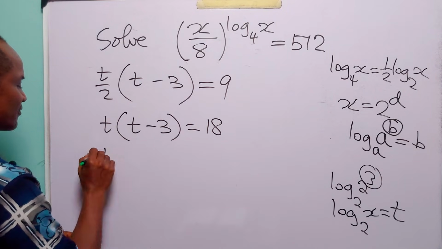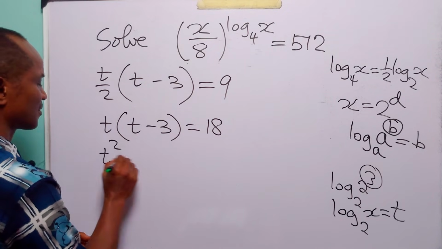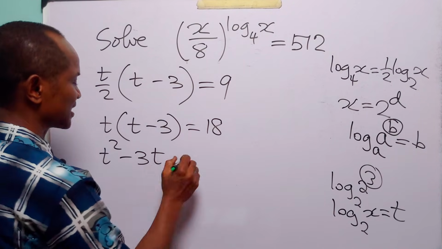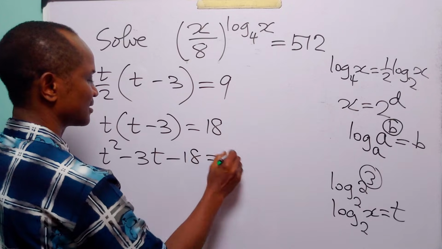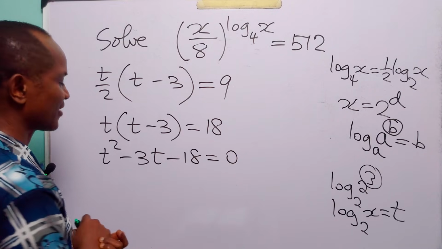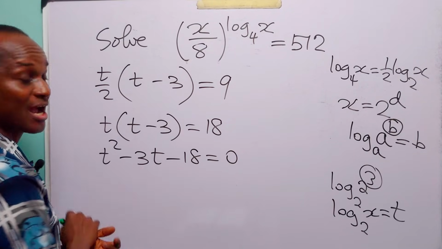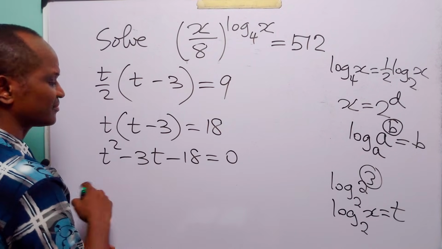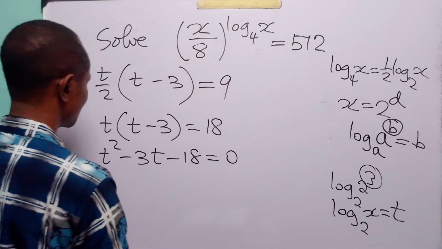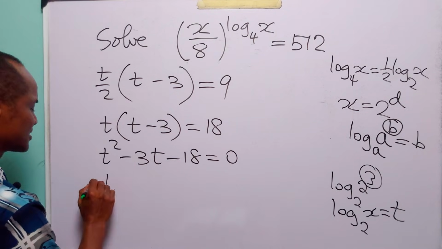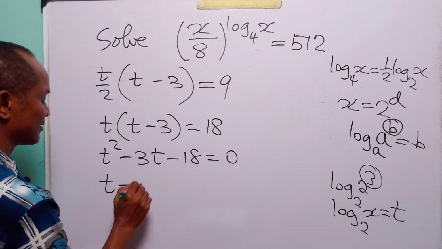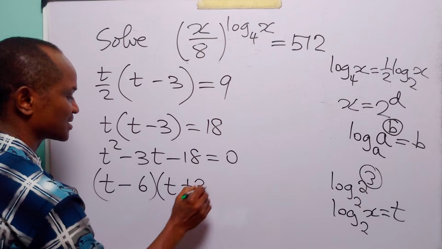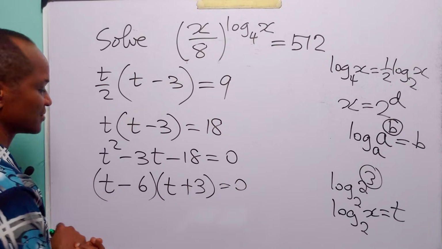Opening this bracket, we have t squared minus 3t. Bringing 18 over to the left-hand side, it becomes minus 18. And we are left with 0 on the right-hand side. Once more, we have this quadratic equation. And by now, you already know the factors of this quadratic equation. We can factorize this as t minus 6 multiplied by t plus 3. And of course, this is equal to 0.